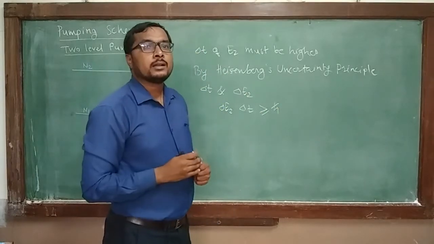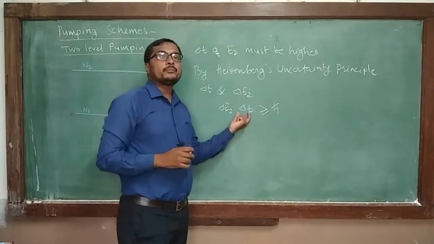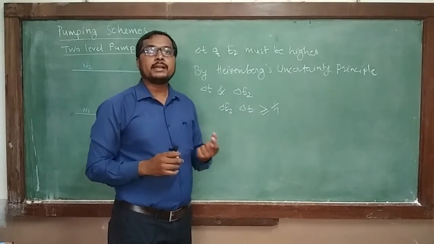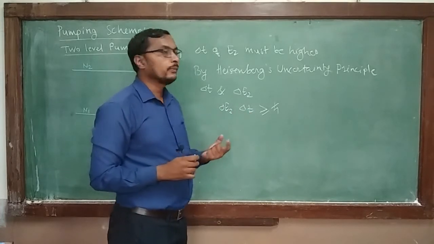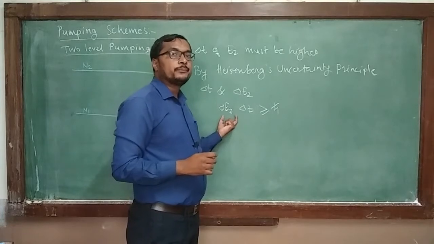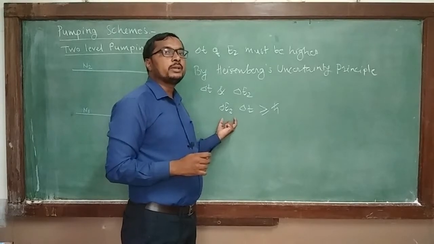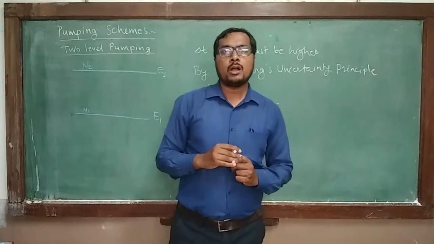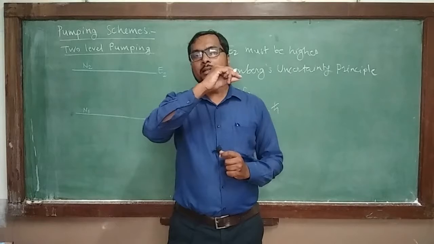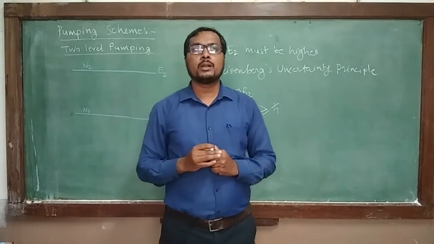That means if the lifetime delta T of the excited state is higher, the line width of the excited state must be very narrow, or it is a very narrow single line.